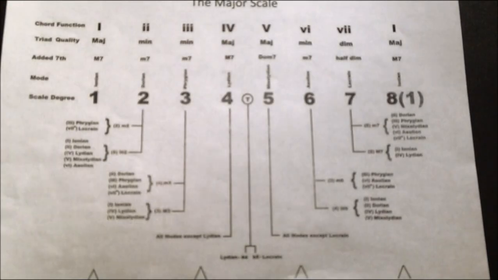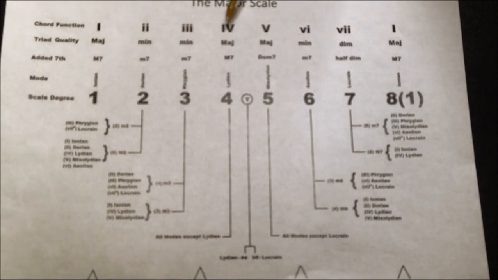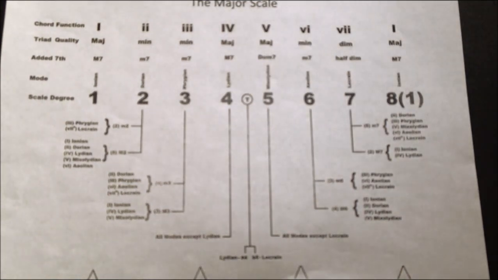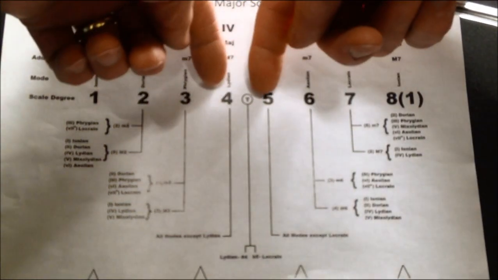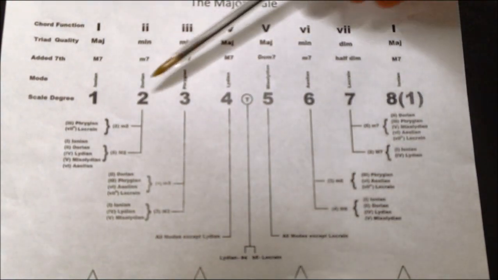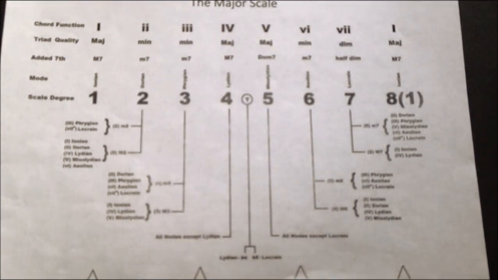So I've come up with this chart of intervals as they relate to the 1 chord, the 2 chord, the 3 chord, the 4 chord, the 5 chord, the 6 chord, the 7 chord, and again the 1 chord of a standard diatonic major scale progression. And what I would like to do is start with the middle and look at the 4s and the 5s, because 4s and 5s are very common intervals in all of the modes.